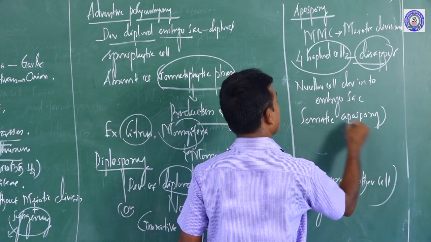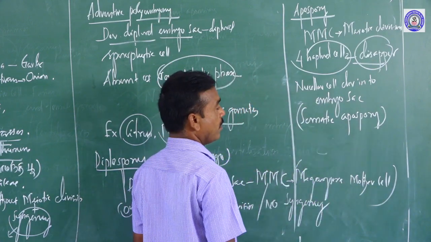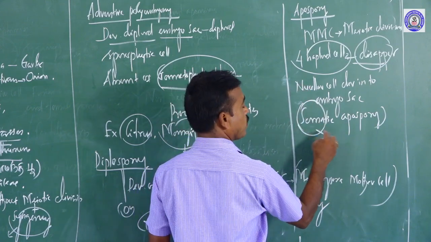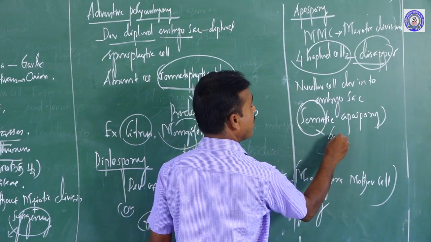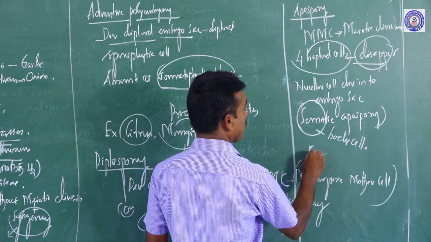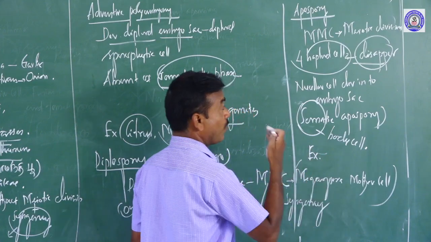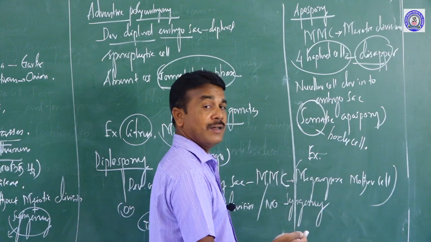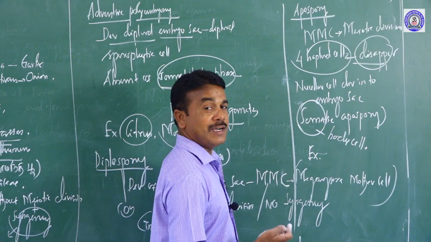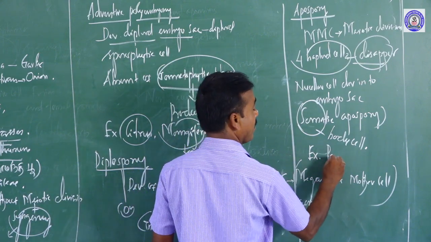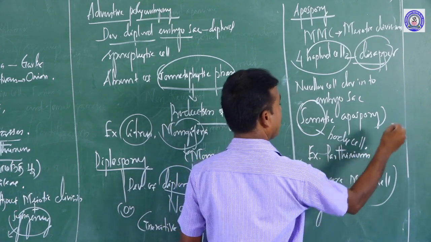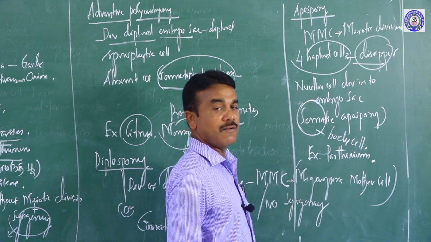Why is it called somatic apospory? Because the embryo sac is formed by the involvement of a somatic cell. A somatic cell is nothing but a body cell. What is an example of apospory? Where these characteristic features occur, the plant is the dangerous and poisonous one commonly called Parthenium. So in Parthenium plants, apospory occurs.